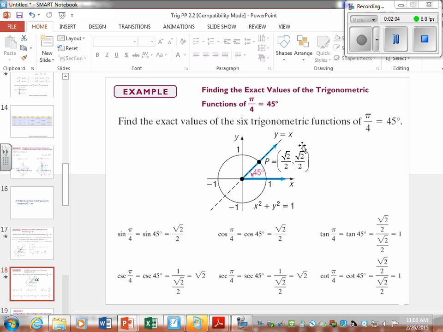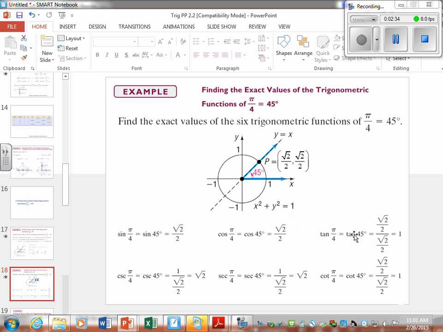Knowing that information, we're now going to use our 6 trig functions. Sine of 45 degrees is your y value. What's the y value? Square root of 2 over 2. Cosine of 45 is your x value, which at this point is square root of 2 over 2.